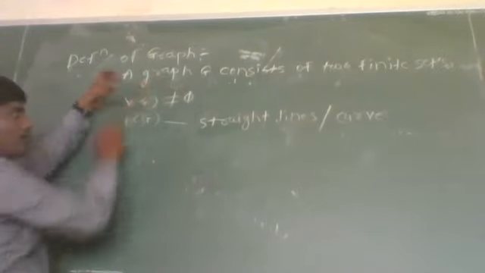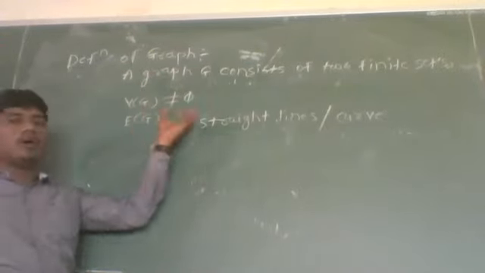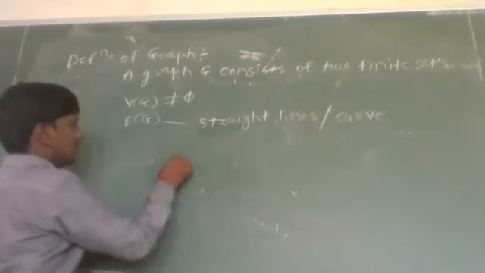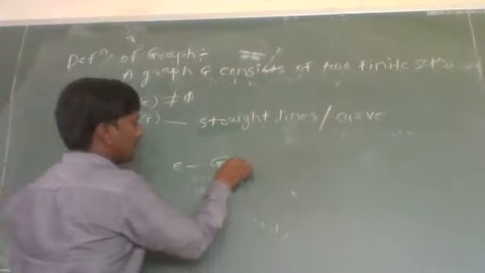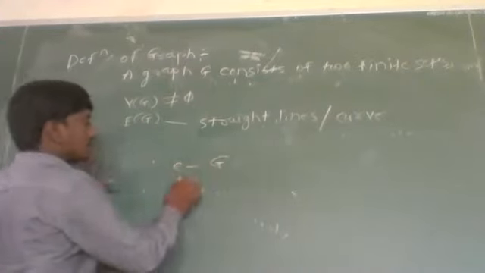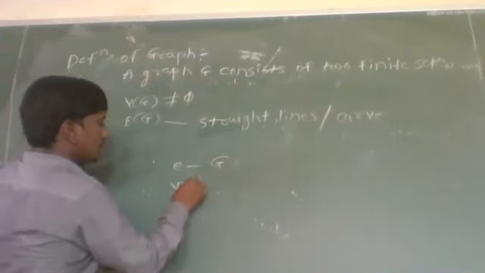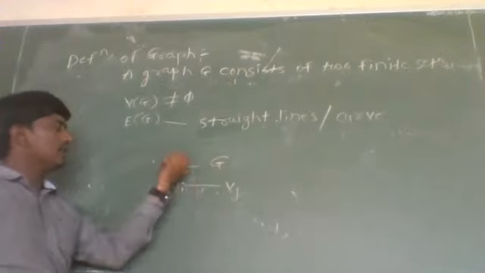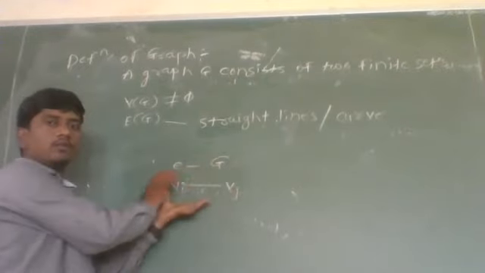Each edge of a graph G corresponds to an unordered pair of vertices. Suppose E is an edge of a graph G, then E corresponds to a pair of vertices Vi and Vj, that is, E is an edge joining these two vertices.